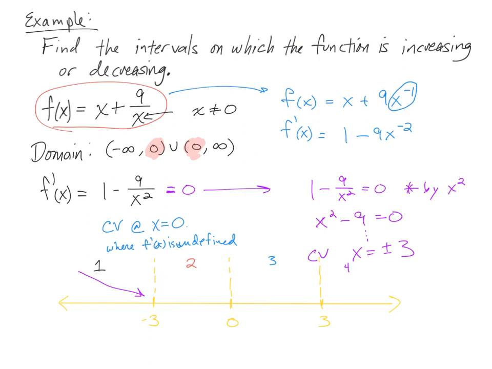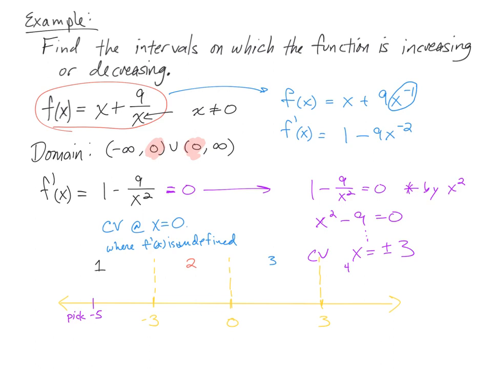And we do that by picking any value in that interval. So over here to the left of -3, I'm going to pick -5. And you get free reign. You can pick -6, you can pick -4, you can pick -1,000,000. It doesn't matter, just as long as it's to the left of -3.